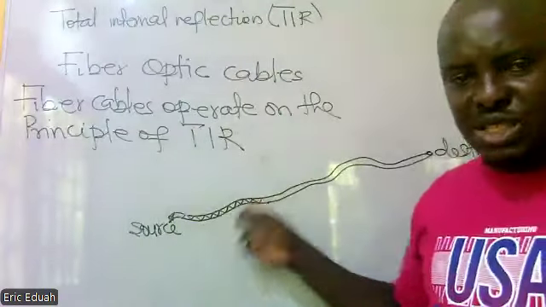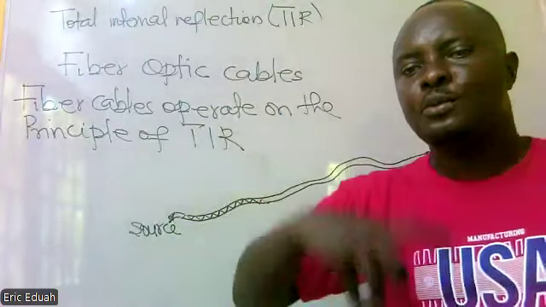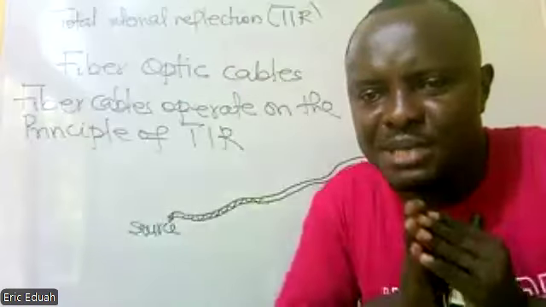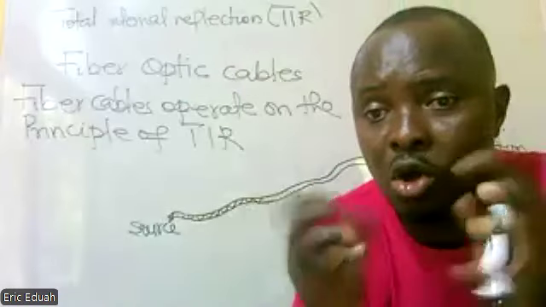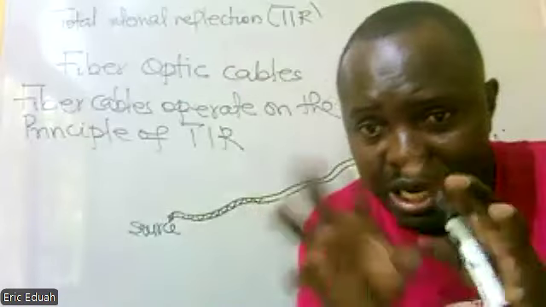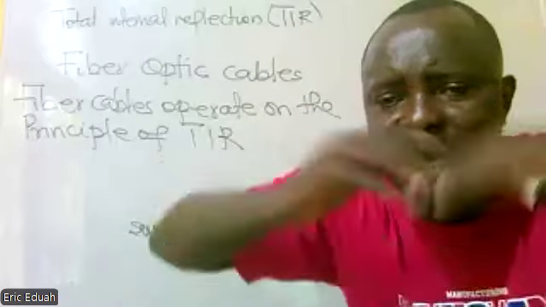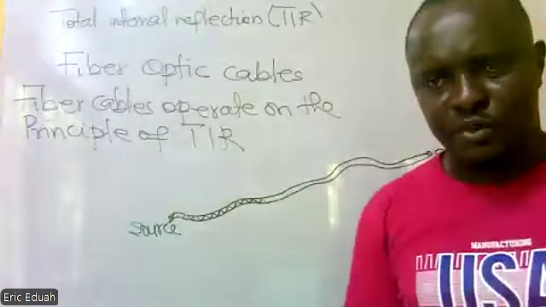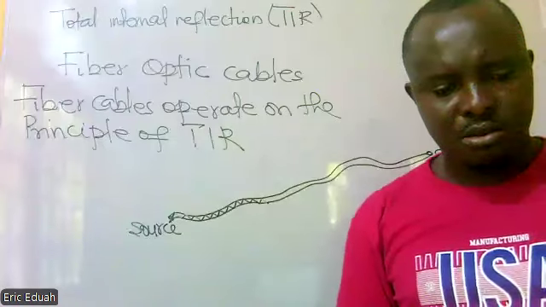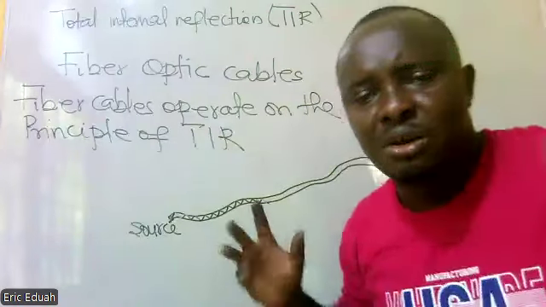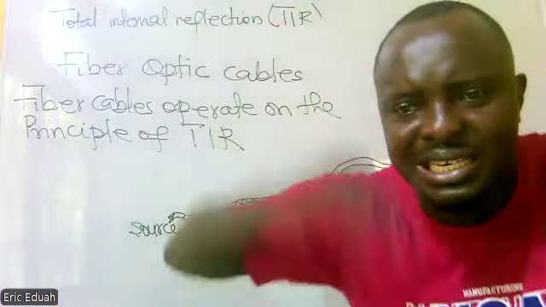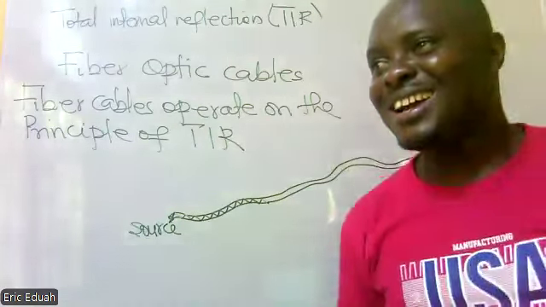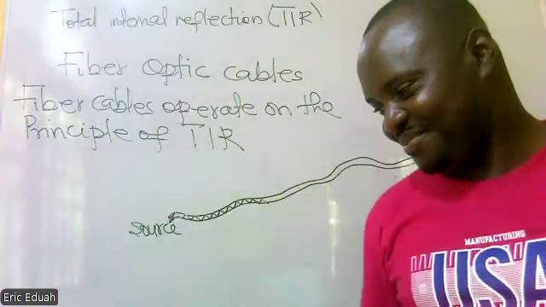But because this works on the principle of total internal reflection, which deals with light, whatever must be channeled, whether voice calls or data, is transmitted in the form of light in order to follow the principle of operation of this. But as to how it is modulated or bundled and demodulated, leave it for them. It is not your problem. Is that okay?